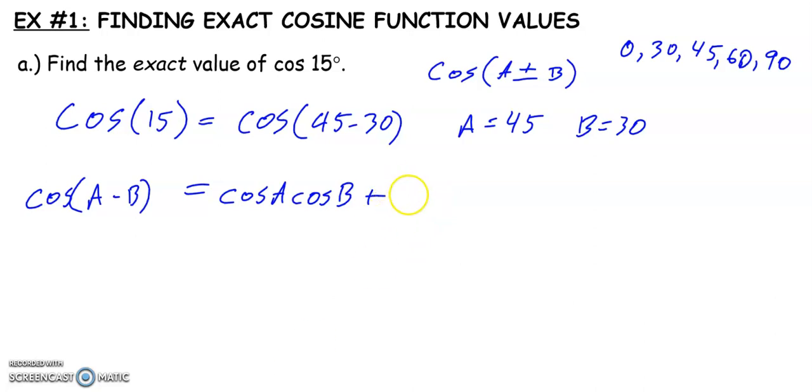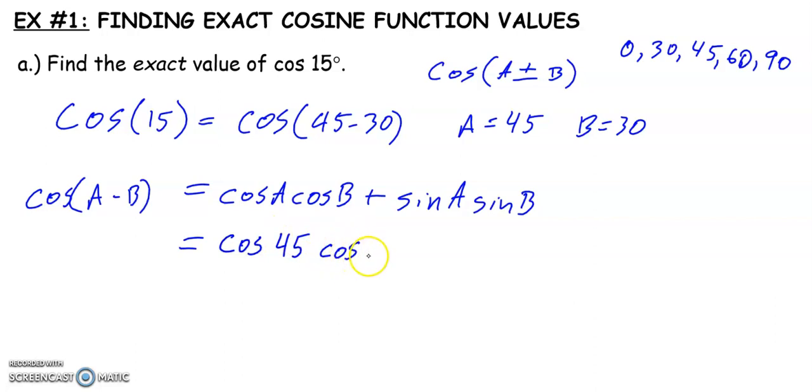This is why we have erasers. Sine a, sine b. So a we said was 45, so I am going to find the cosine of 45 times the cosine of b, which is 30, plus the sine of 45 times the sine of 30.